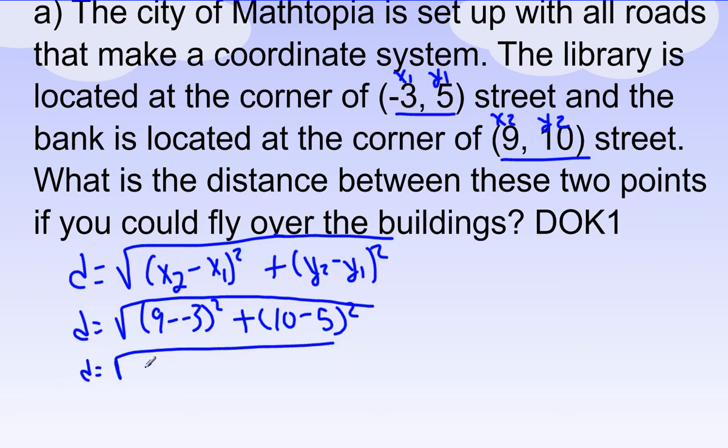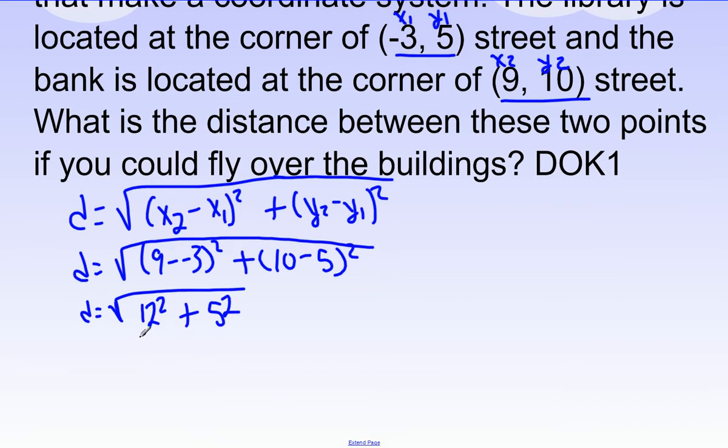That gives me 9 minus -3 is a positive 12 squared. 10 minus 5 is a 5 squared. Twelve squared is 144. 5 squared is 25.